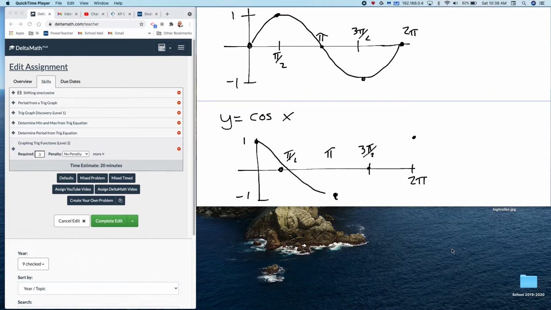It goes down like this, around and up, and right there. Pretend I went through that point there. So that's the cosine graph. So you got the sine and the cosine graph. They look similar, but they're a little bit different.